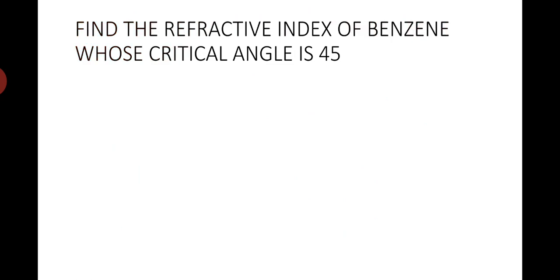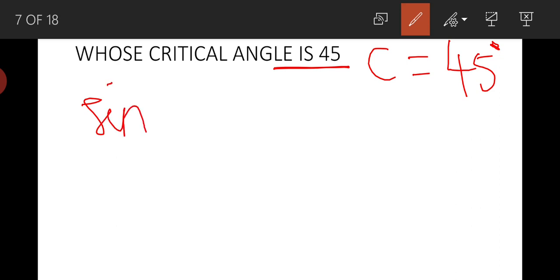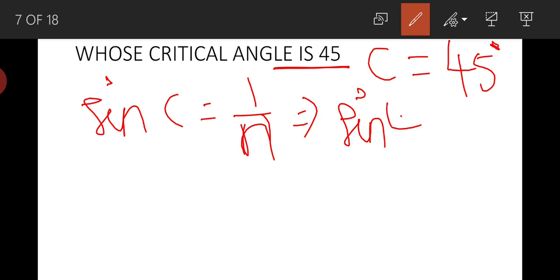Let us see one more example. Find the refractive index of benzene whose critical angle is 45 degrees. Here the medium is benzene and the critical angle of benzene is given as 45 degrees. C is equal to 45 degrees. We need to find the refractive index n. We know that sin C is equal to 1 by n. It means sin 45 is equal to 1 by n.